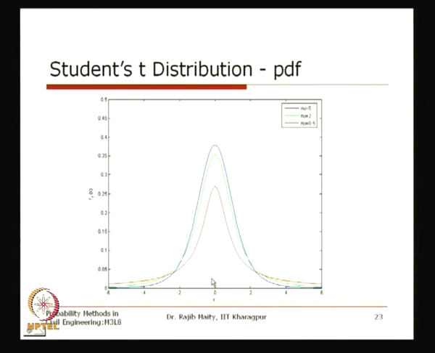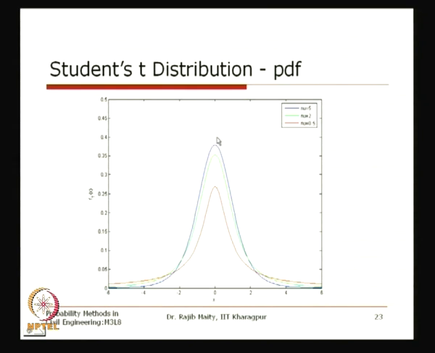Now, here we have shown examples for different values of nu. If we increase the value of nu, the peak increases with the increase of degrees of freedom. It can be shown that for a high value of nu, a high value of degrees of freedom, the distribution becomes exactly similar to the normal distribution.